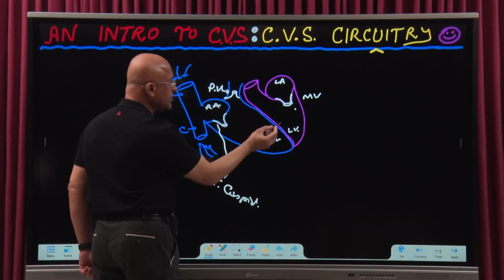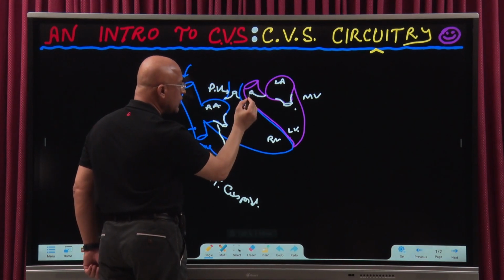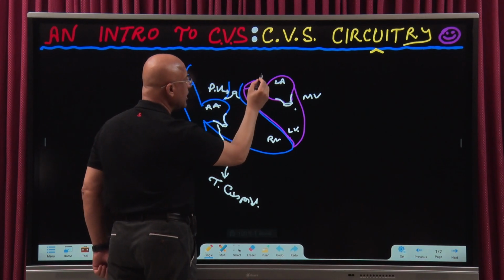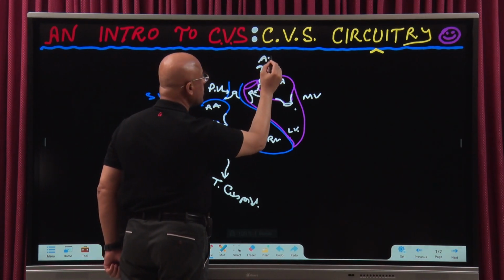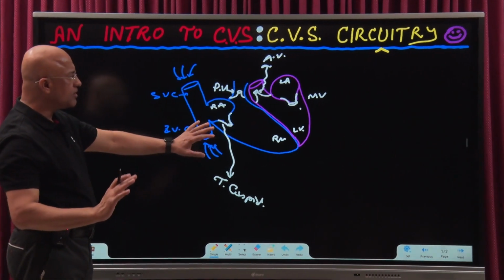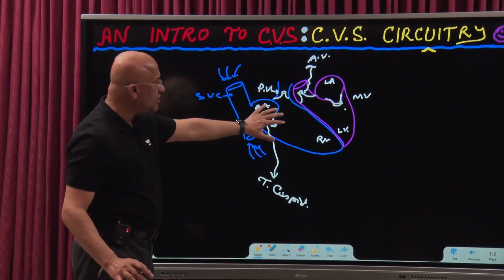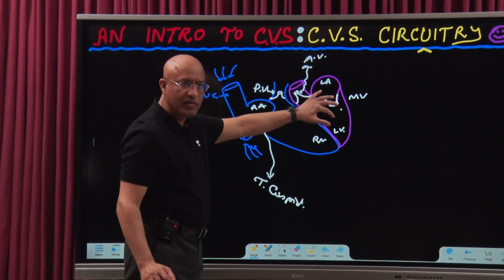The other valve is between the left ventricle and the aorta in the outflow of the left side, and this valve is called the aortic valve. So basically, what we see here is a very simple structure of the heart, where there is a right side of the heart and a left side of the heart.